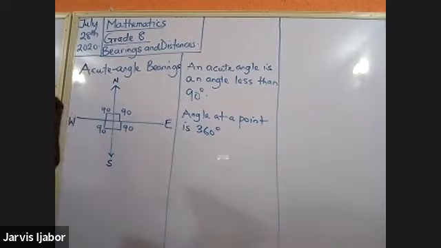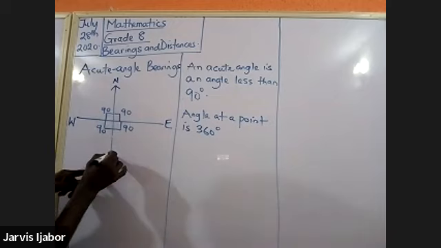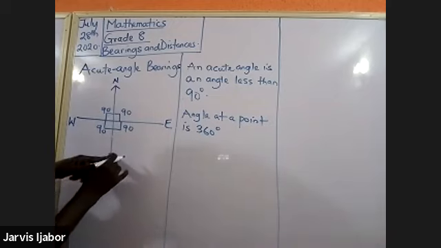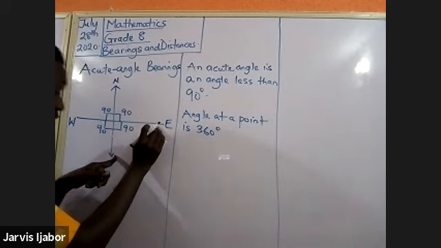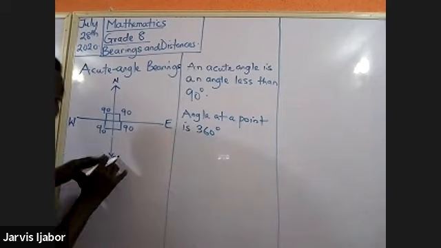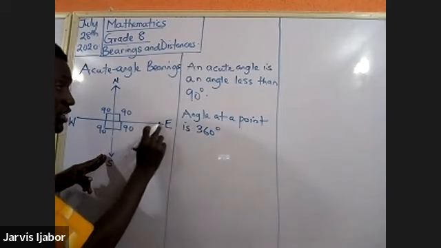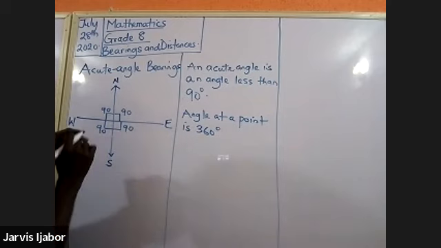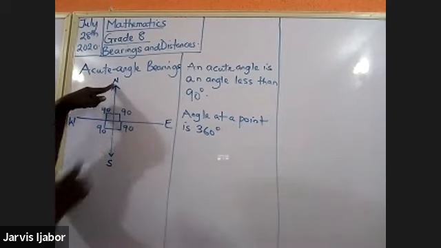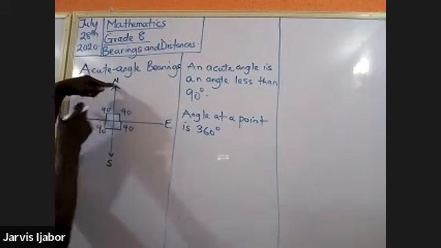When you're handling your bearing using the acute angle bearing method, your reference points will either be north moving towards west, or your south moving towards east or moving towards west. Or you'll be talking about your north moving towards east or moving towards west.